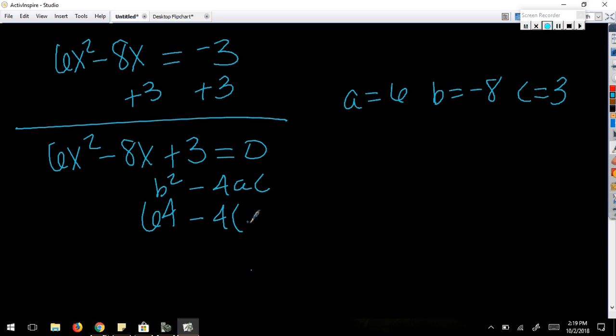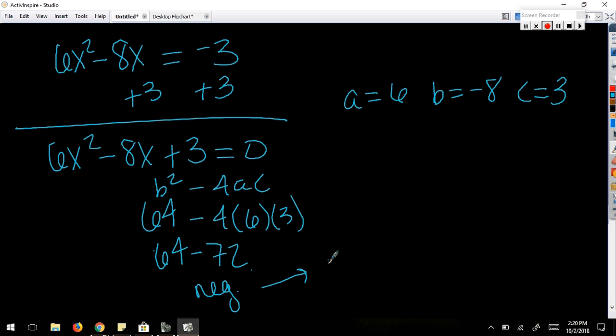Four times A times C. 4 times 6, ooh, I'm gonna do 4 times 3 first. That's 12, and times 6 is 72, that's right. I don't even have to subtract those to know what I'm gonna get when I subtract. A negative, right? This will give me a negative number. That's right, Cameron, good job.